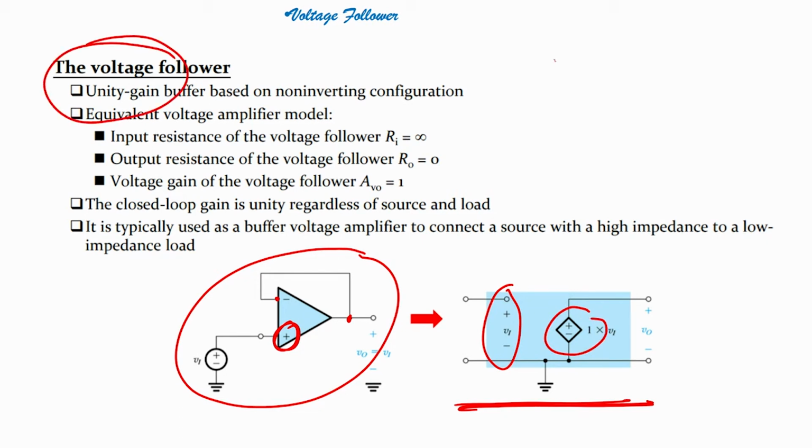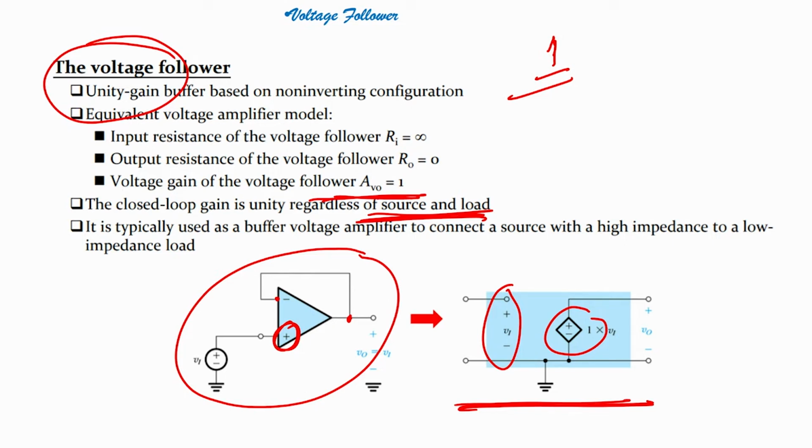Unity gain means the gain is 1, so we have AVO, the voltage gain, equal to 1. The closed loop gain is unity regardless of source or load. So, this is our unity gain amplifier.